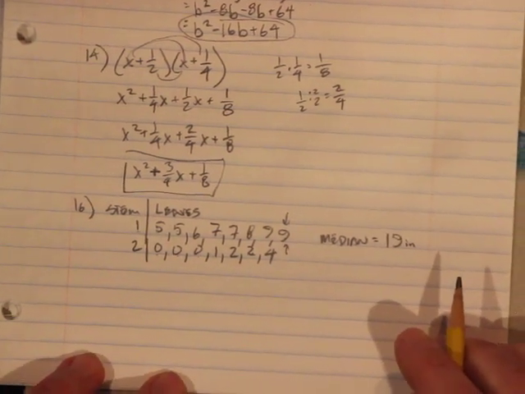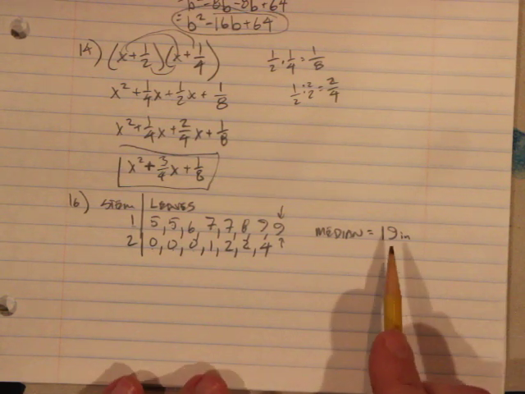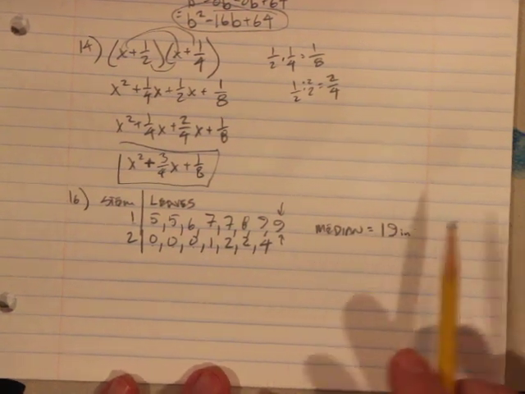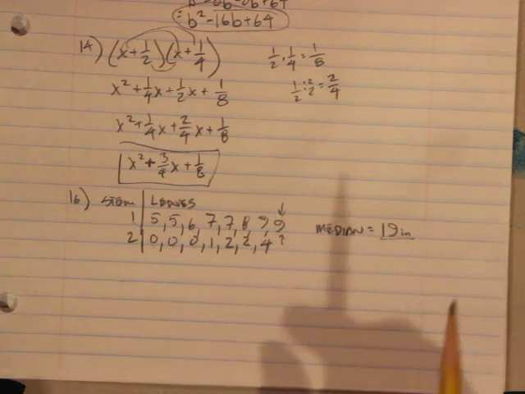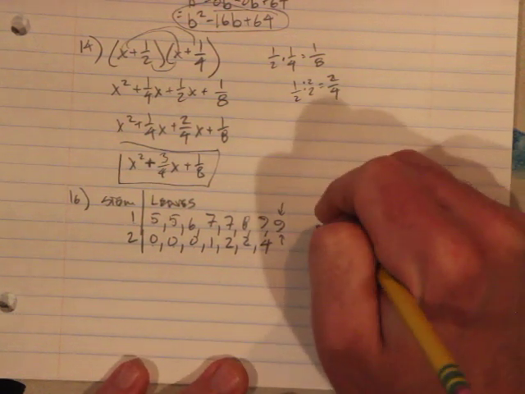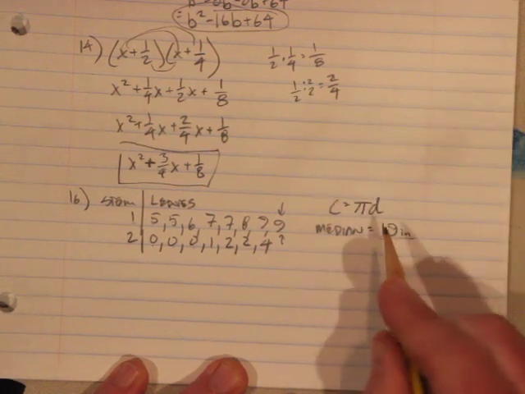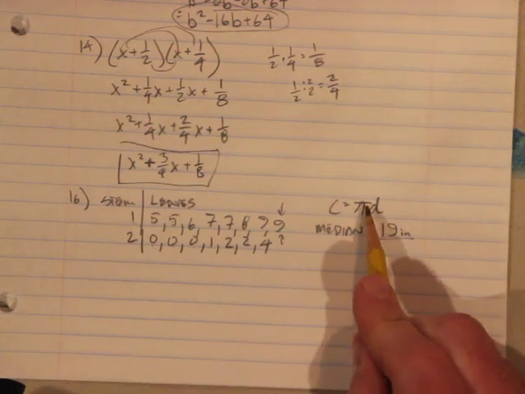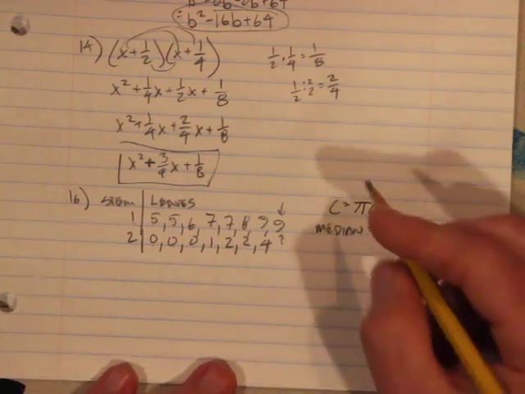That's my diameter. So that's the diameter of this tire, and I am trying to find the circumference of this tire. And circumference, remember, is pi times the diameter, or 2 pi r. Same thing. Now I just plug this into my calculator.